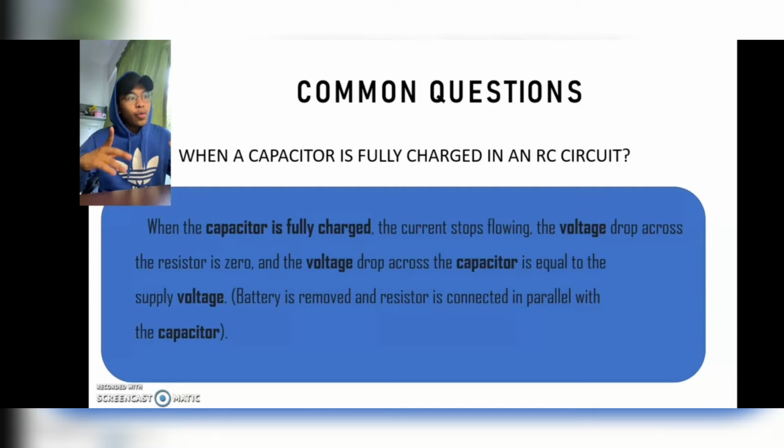A capacitor is fully charged when the current through the capacitor stops flowing, the voltage drop across the resistor is 0, and the voltage drop across the capacitor is equal to the supply voltage. Which means the situation when the battery is removed and the resistor is connected in parallel with the capacitor. That's the common question of RC circuit capacitor.